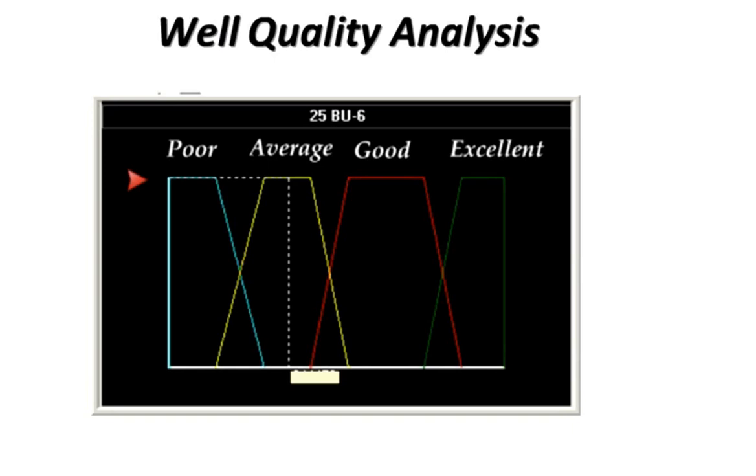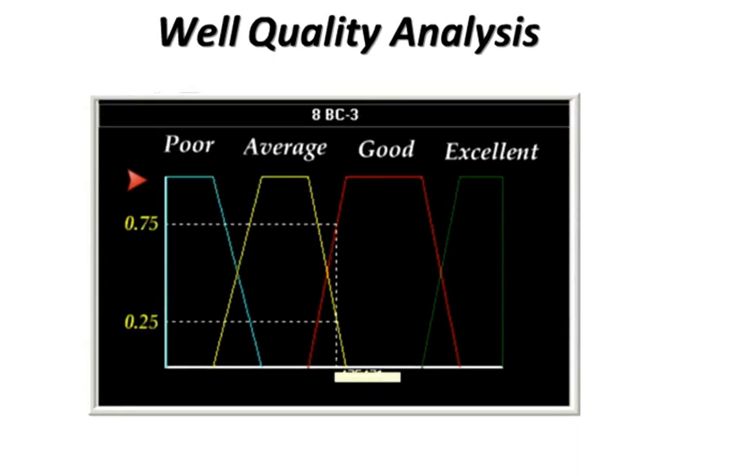Now, if I go to the next one, you will see this well that has this particular value of productivity index or production indicator. It has a membership of 0.25 in the average wells, and it has the membership of 0.75 in good wells. So this well is partially good and partially average.